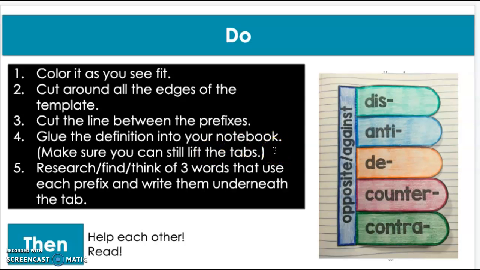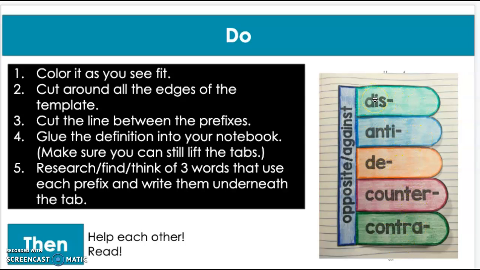What I would like for you to do with whatever time you have left is start thinking about each one of these roots. And I want you to think about how they relate to the meaning opposite or against. Then I want you to put some words underneath each tab that use those prefixes, all right? So you're going to actually write on your notebook paper underneath each tab.